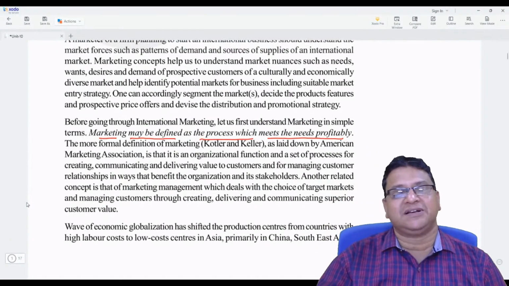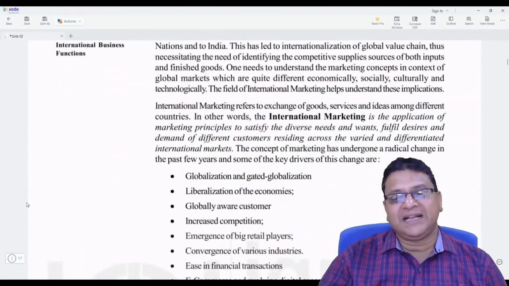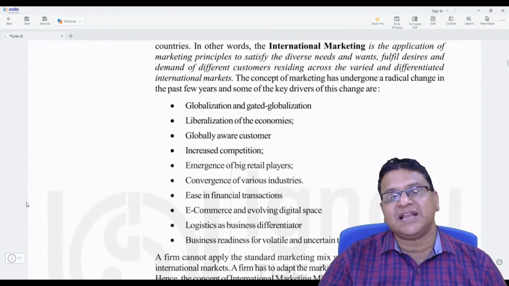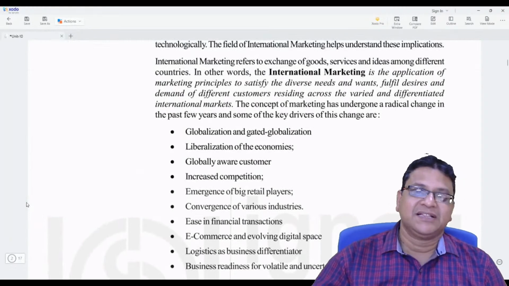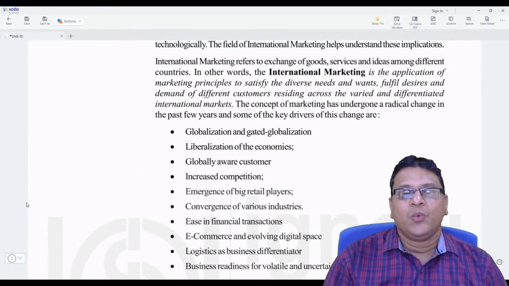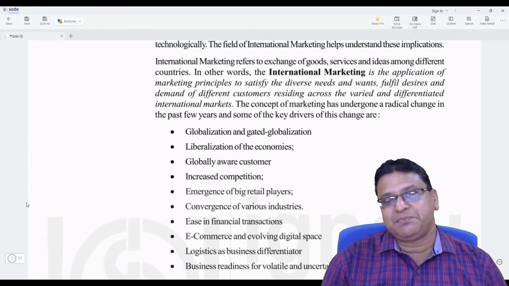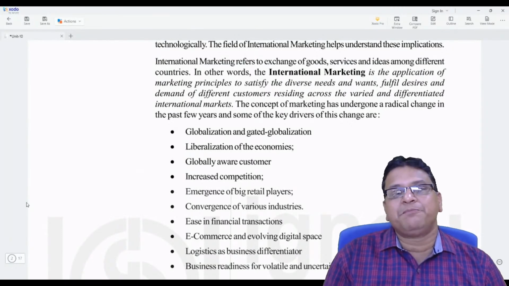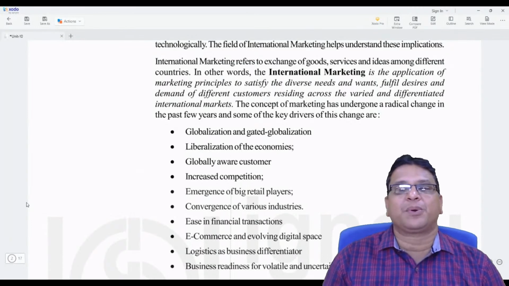But what is international marketing? If the marketing concept is applied internationally, that is international marketing. That means in this case, we try to satisfy the needs of customers who are beyond the national boundary of our country.